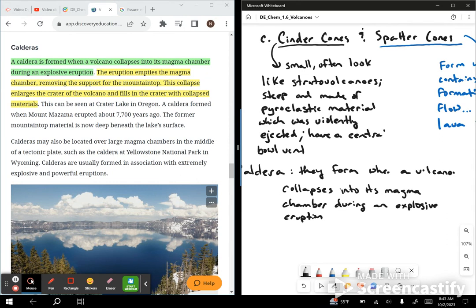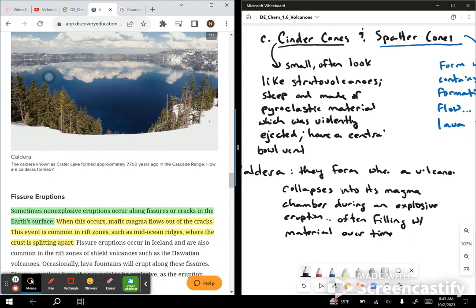Okay. The collapse enlarges the crater of the volcano and fills in the crater with collapsed materials, often filling with material over time. Okay, so we have our crater lake in Oregon over here.